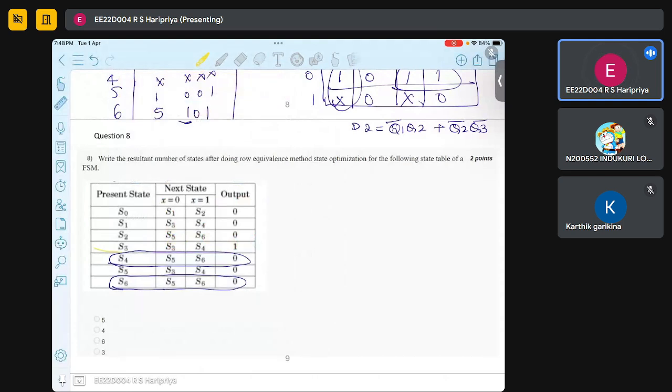And this one is having 3 and 4, 0. 3 and 4, 0. This we will just merge it.